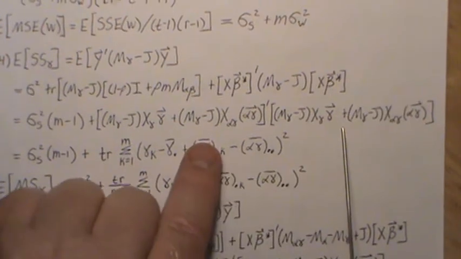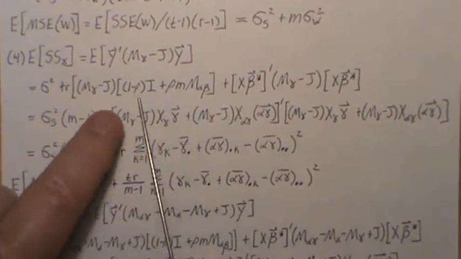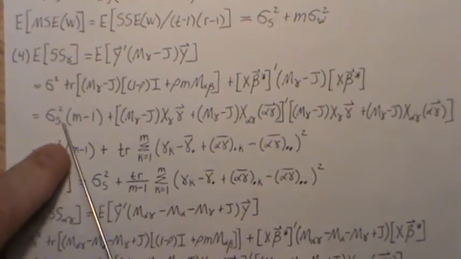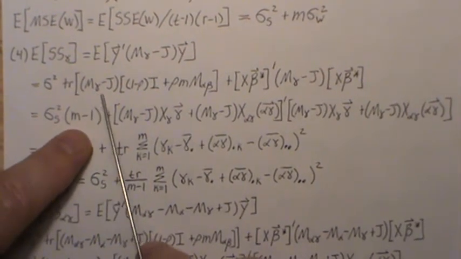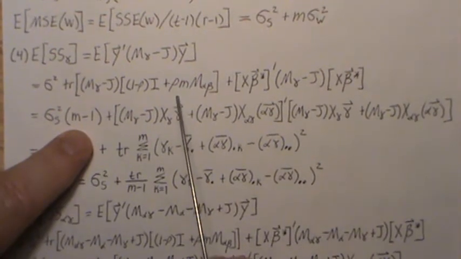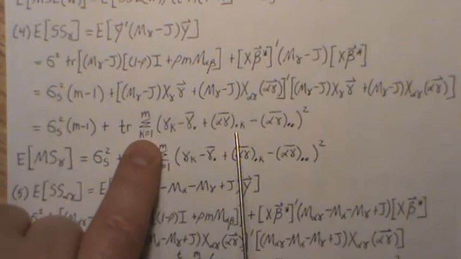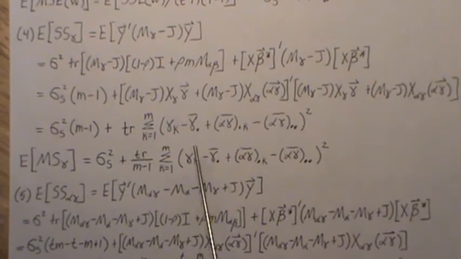Otherwise it's 0. So then we just get this matrix. And when we multiply it together, it ends up being sigma_s squared times m minus 1. So then this piece is this sum here. So this comes down, and it's t times r times this expression.